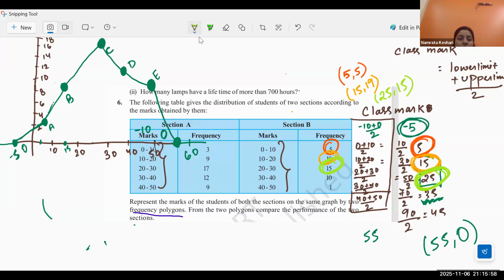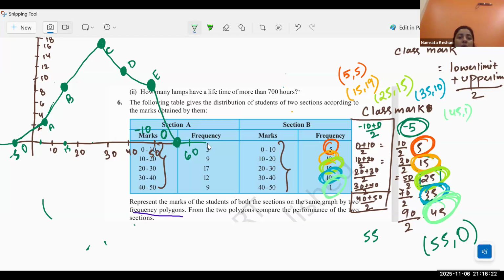Next one, our class mark is 35 and the frequency is 10. Next one, our class mark is 45 and the frequency is 1. Okay, so 45 comma 1.